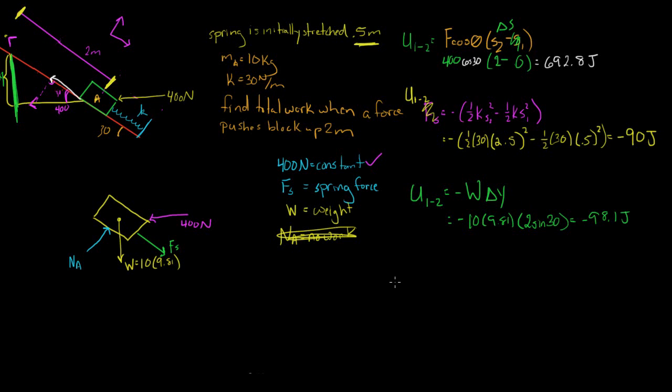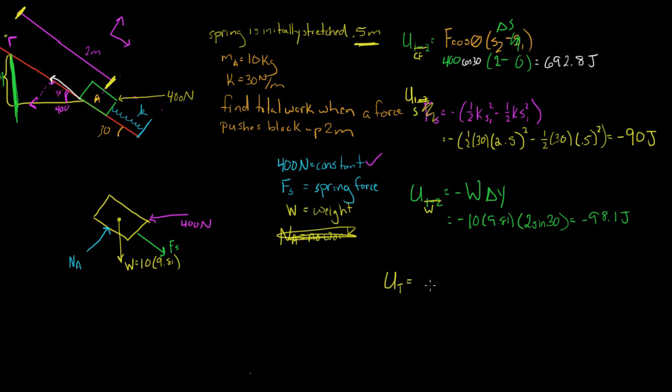So finally, we're going to have the total work of the system. We'll call this UT, and let's rename these. Let's call this one U sub constant force, this one U sub spring, and this one U sub weight.